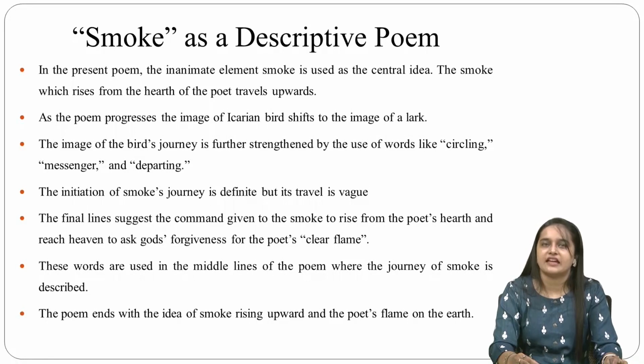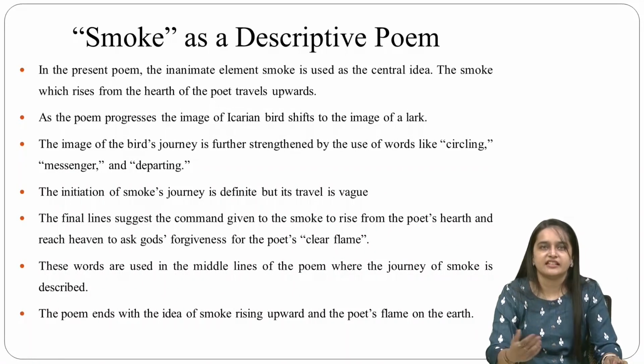It is definitely open to various interpretations on the basis of one's knowledge of Greek mythology, classical literature, nature, and other related spheres. Yet, the focus of the poem does not change.